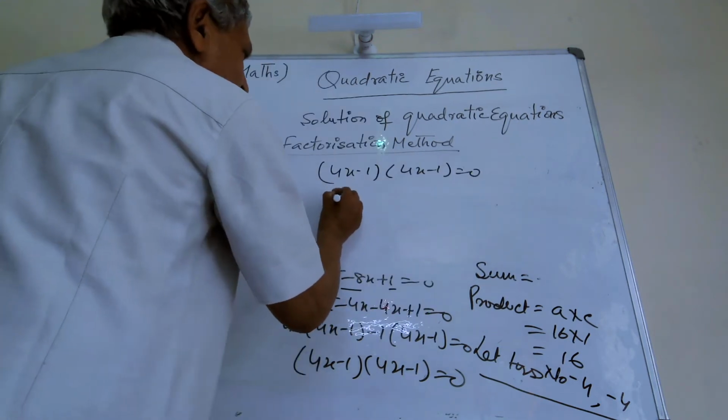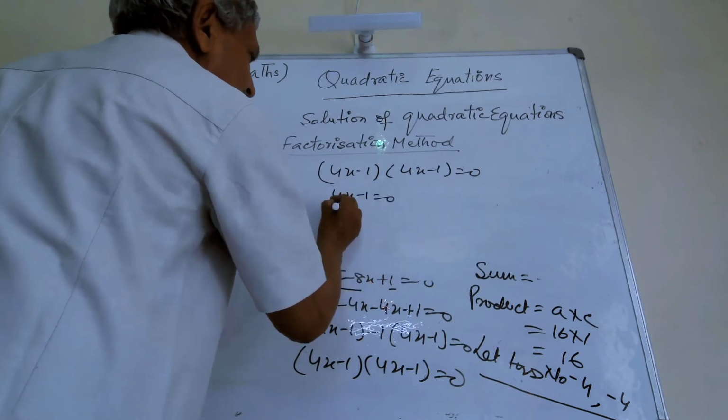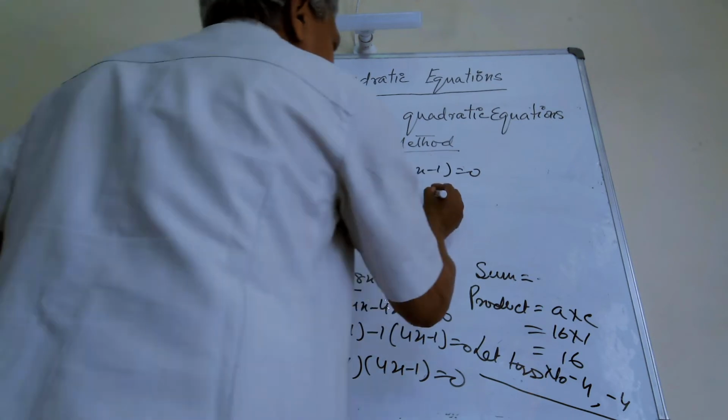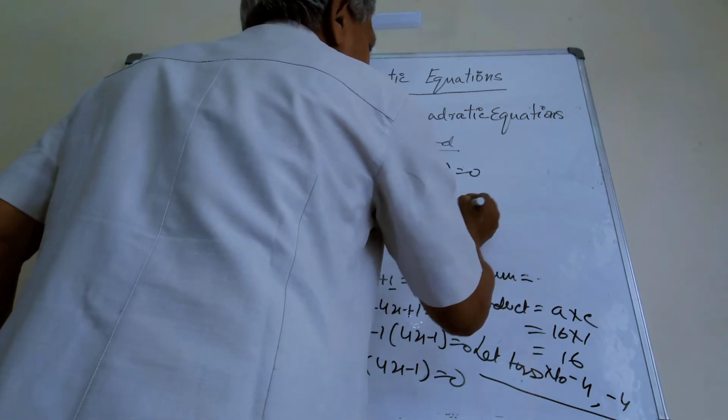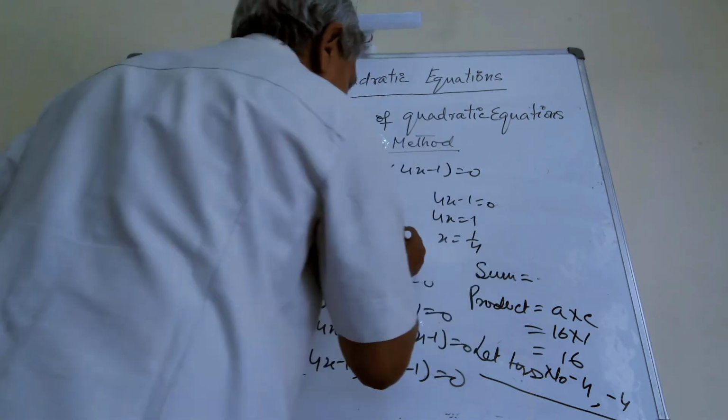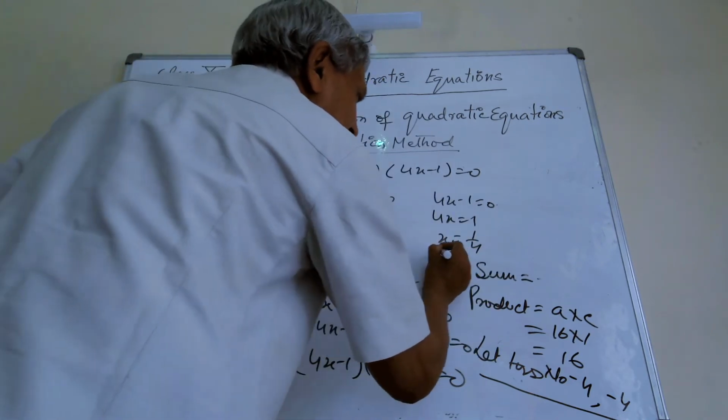Now 4x minus 1 is equal to 0, 4x is equal to 1 and x is equal to 1 by 4. Again 4x minus 1 is equal to 0, 4x is equal to 1 and x is equal to 1 by 4. These are the two roots.